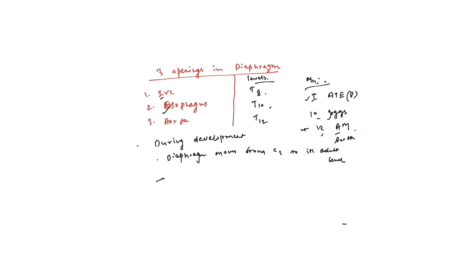So it carries the fibers of C3, C4 and C5 with its nerve supply, that is phrenic nerve. That's why phrenic nerve has fibers of C3, C4 and C5.